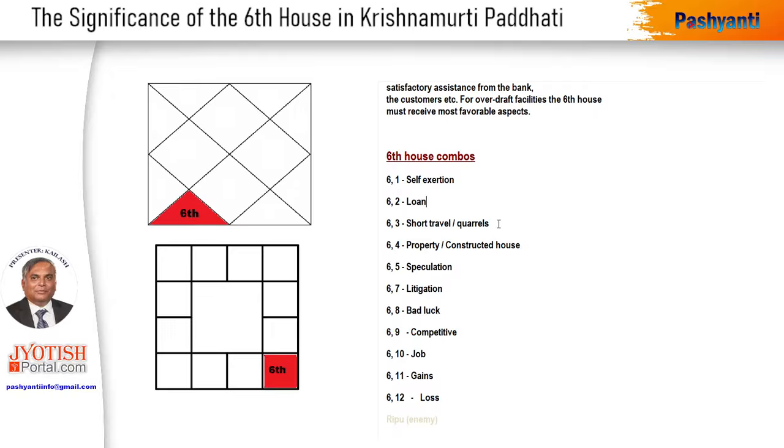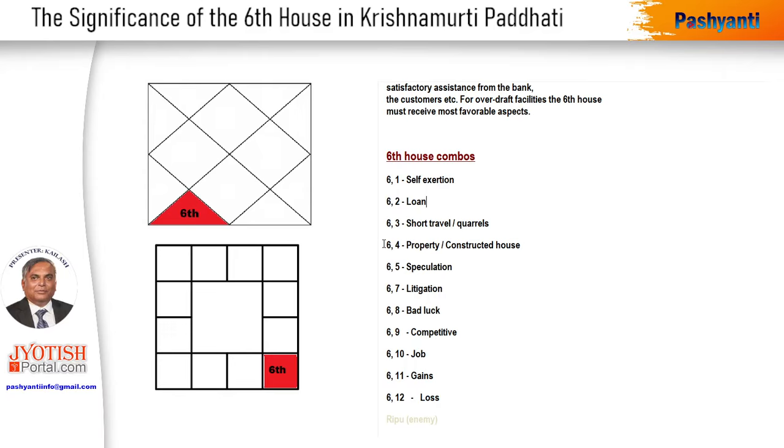See, what happens is each of the houses has so many things to indicate, and the way they create the combination in Krishnamurti Paddhati, the same house, when it creates a combination with certain other houses, then it starts showing a different kind of result.